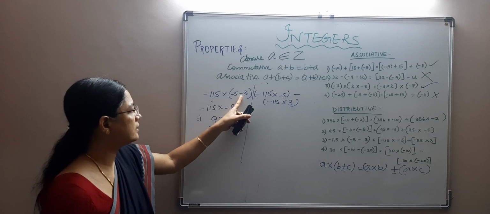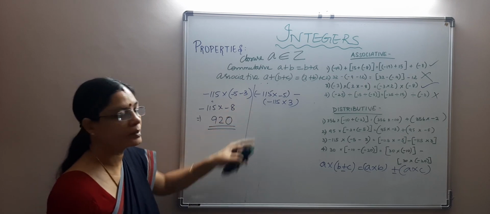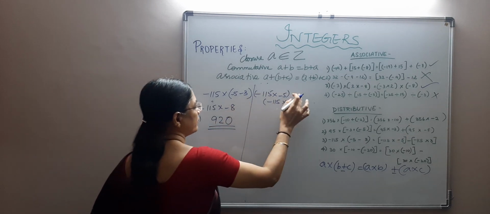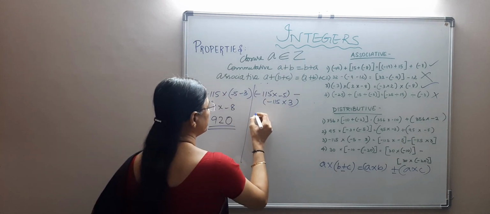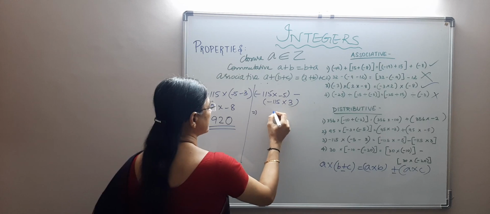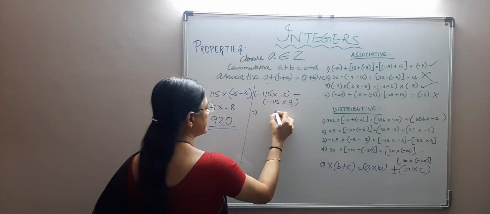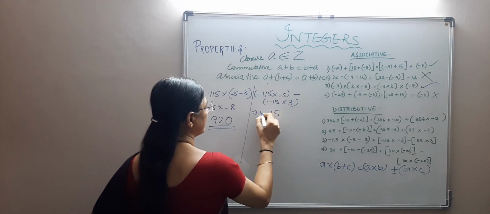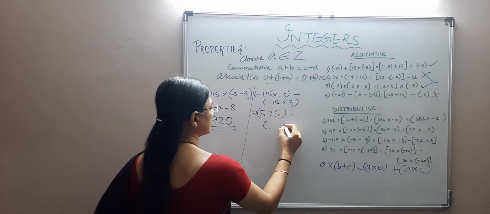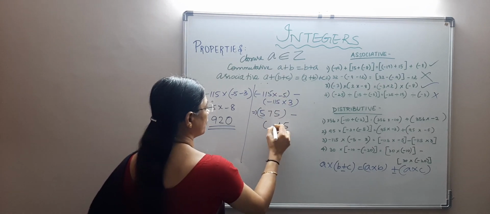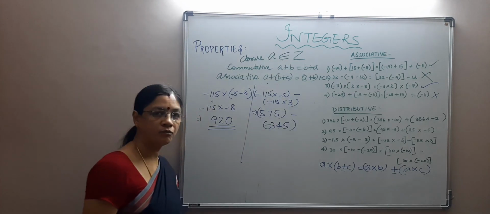If you have plus here, if you change this into minus, this becomes minus 3 here. Now we have retained the negative sign, so minus 15 into 3. Now what happens? This minus into minus becomes plus. So 75 minus, and this is negative 15 into 3, minus 45.